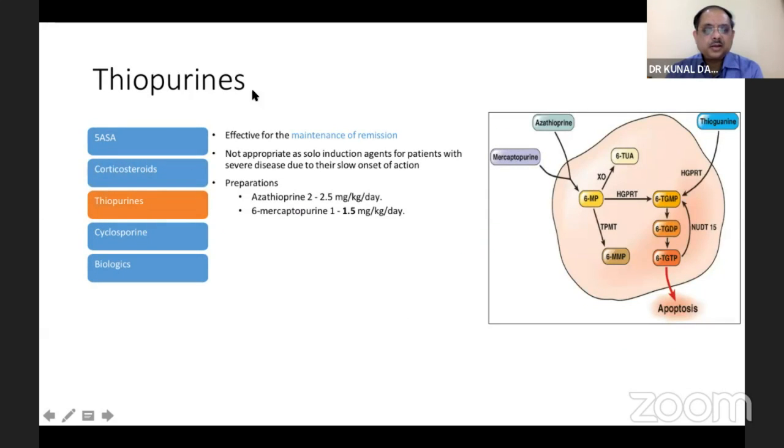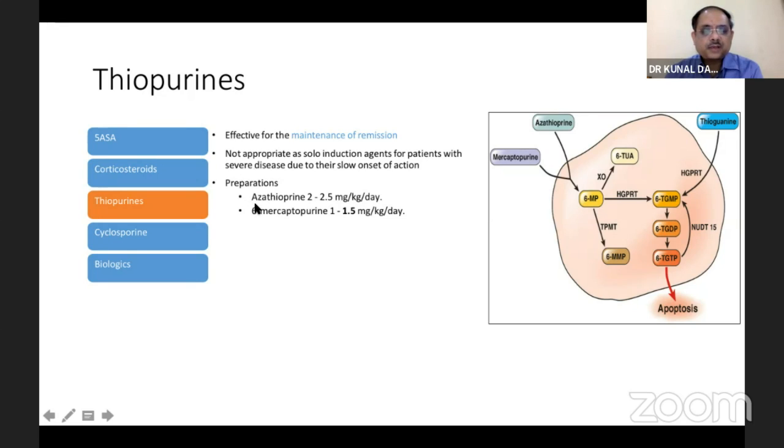Now, the next line of drugs is the thiopurines, which are quite effective in maintenance of remission. But the thing with thiopurines is that they are not appropriate as solo induction agents. They have a very slow onset of action, requiring 2 to 6 weeks, and are used mainly for very severe disease or steroid-dependent or steroid-refractory disease.